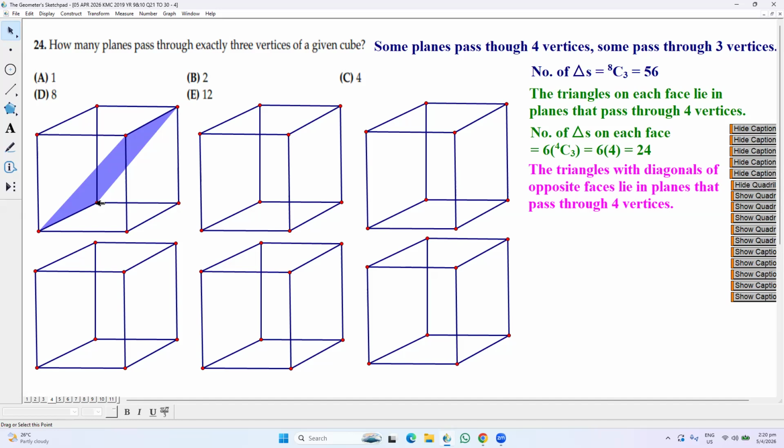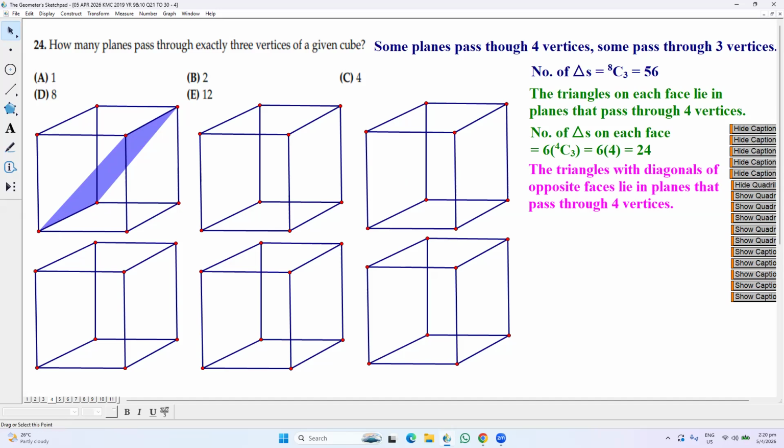So if you form a triangle, 4 choose 3, all will have 4 vertices. You can see the blue rectangle, 4 vertices. If you choose 3 points from here, then the triangle is in a plane that passes through 4 vertices. So the diagonals of opposite face.